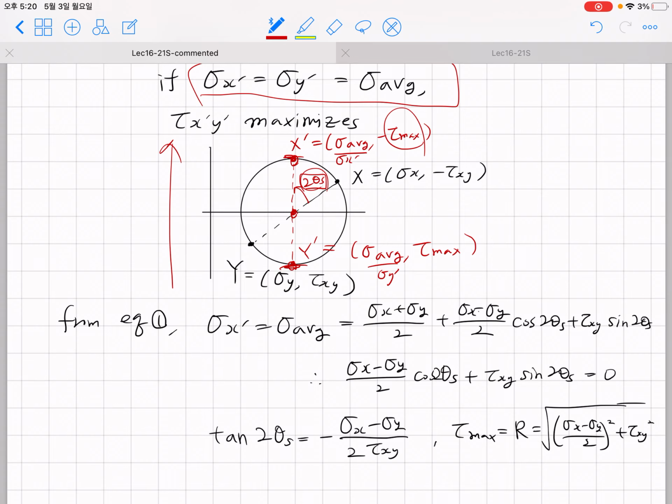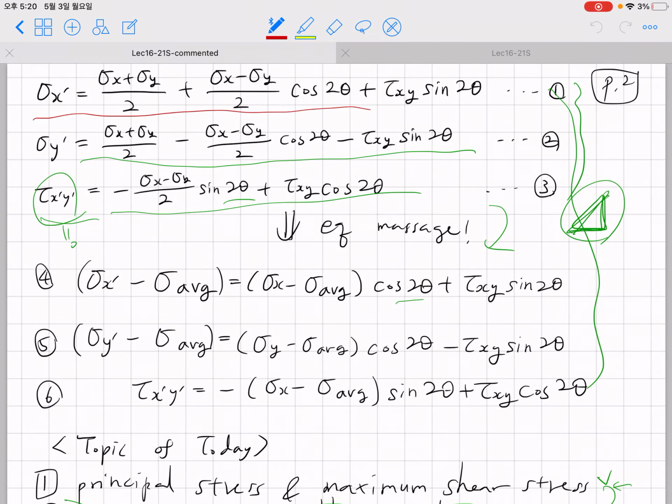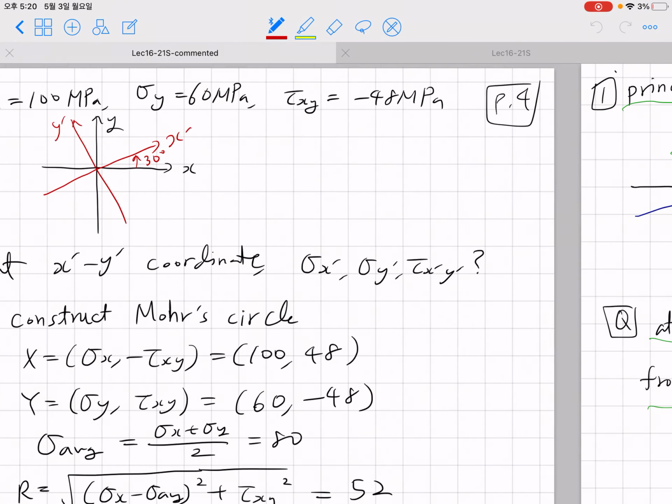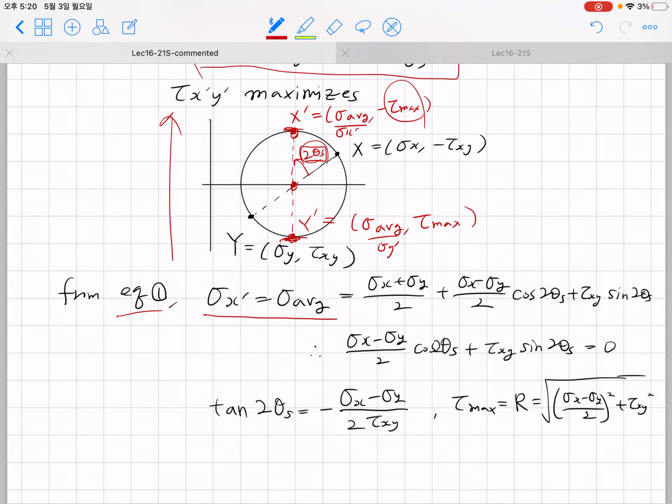Instead of using the Mohr circle, using equation 1, where sigma x prime equals sigma average, you can obtain the tangent of 2 theta s, which is the angle required to have the maximum tau x prime y prime.